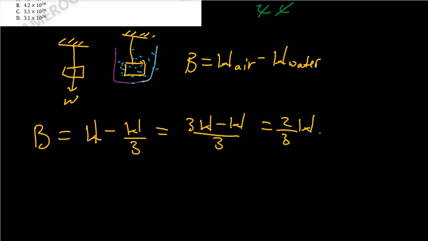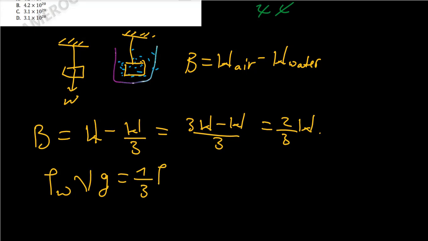Since the buoyant force is the difference between the two, the buoyant force will be given by the density of water times the volume times g, which is equal to 2/3 times the weight of the solid, which is mg.